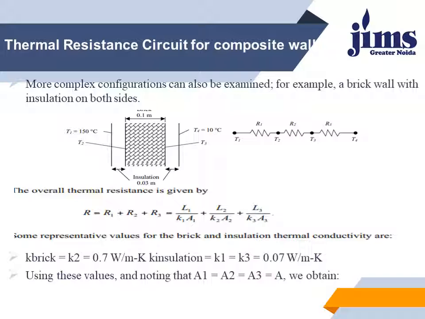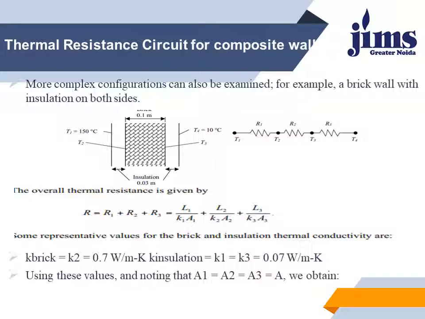In that case the total resistance is R1 plus R2 plus R3, where R1 is the thermal resistance of plane wall 1, R2 is the resistance of the insulation layer, and R3 is the resistance of the third layer, where T1, T2, T3, T4 are the temperatures of all the layers.